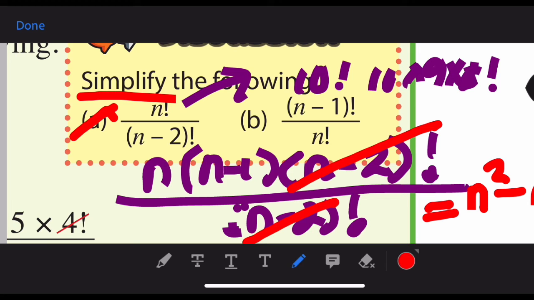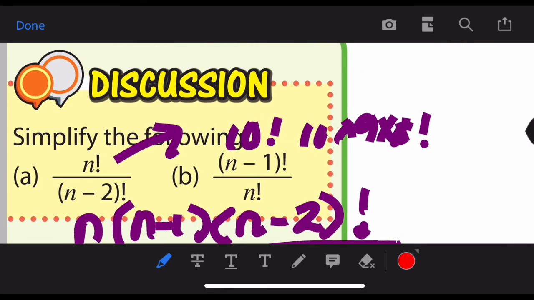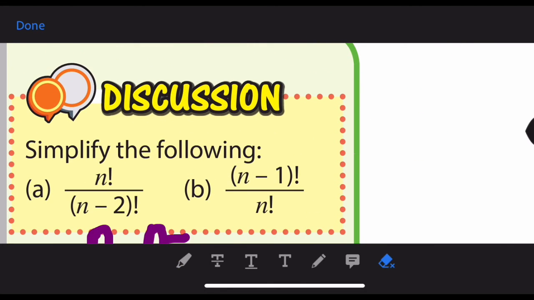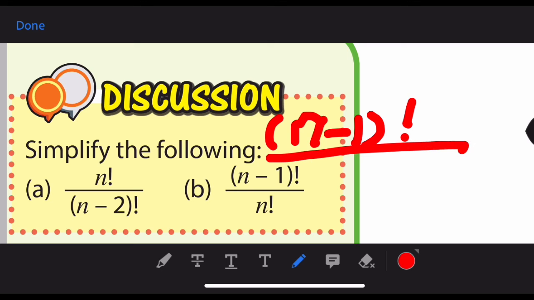How about for B? So let's see. For B, we will focus to this one. Okay, we have n minus 1 factorial, right? So let me do it here for B. Okay, for B, n minus 1 factorial over n factorial.